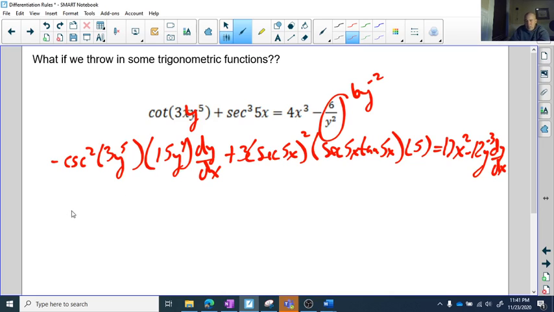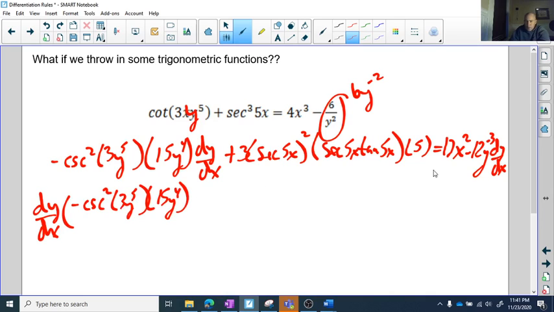So my dy dx is going to be dy dx. I'll have this negative, how you write this doesn't really matter. 3y to the 5th, 15y to the 4th. This is my other dy dx term, so it's going to move over and become plus 12y to the negative 3 equals, this is a non-dy dx, and then this is all one term because it's all multiplied together.